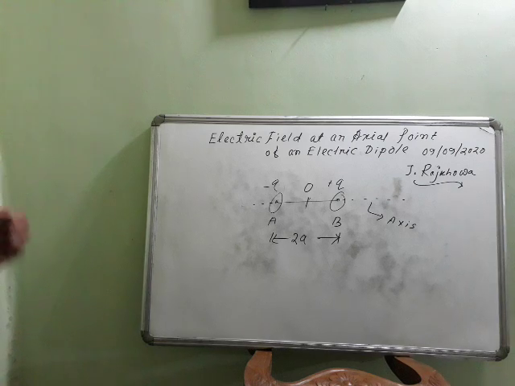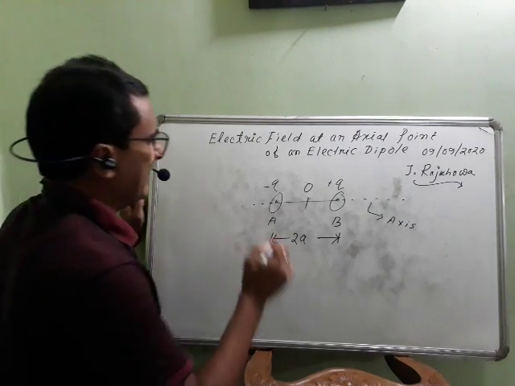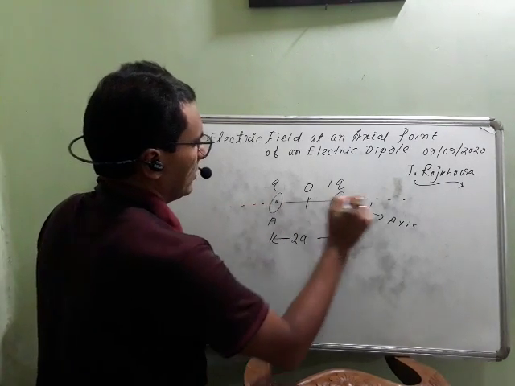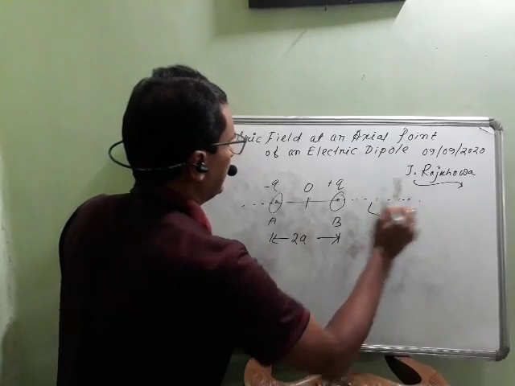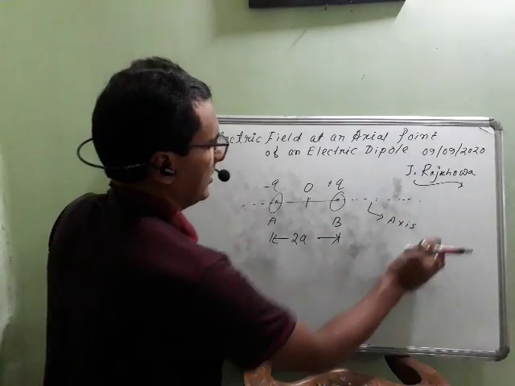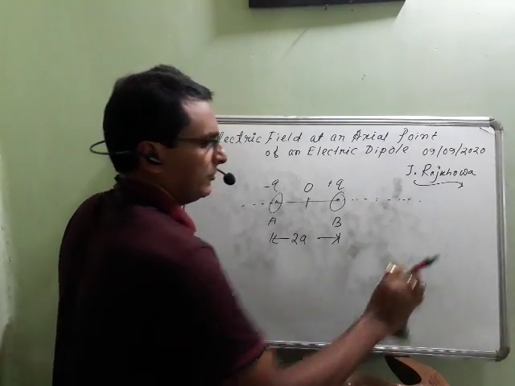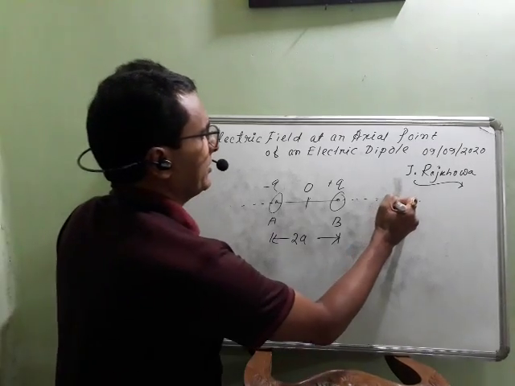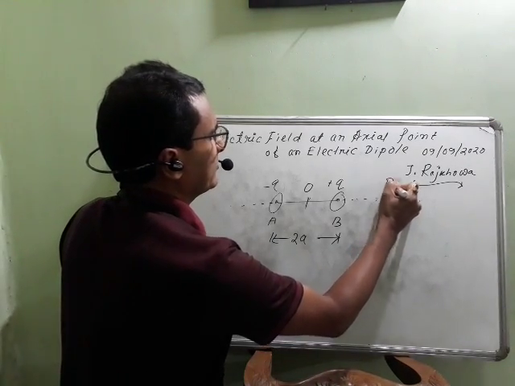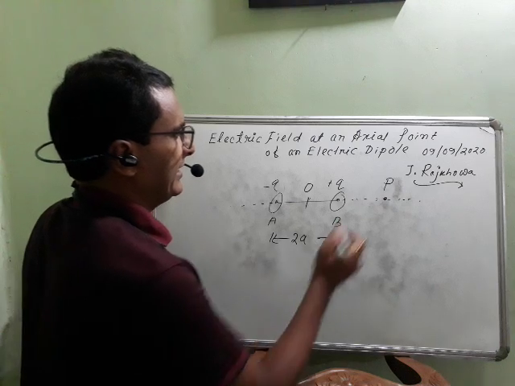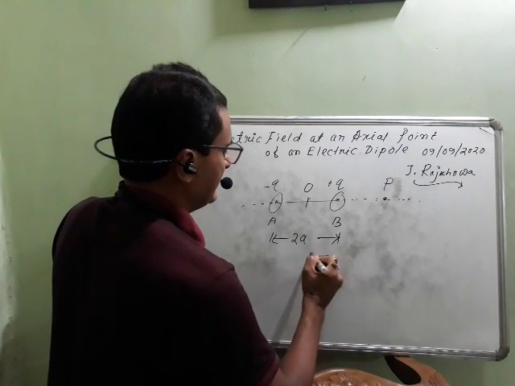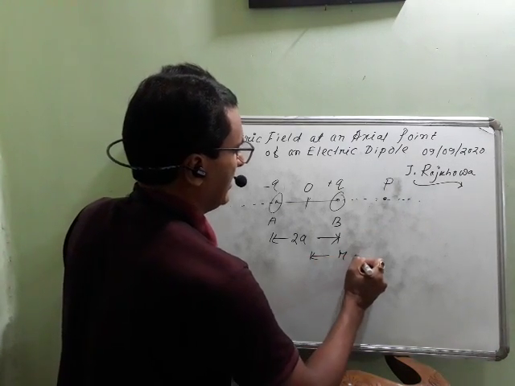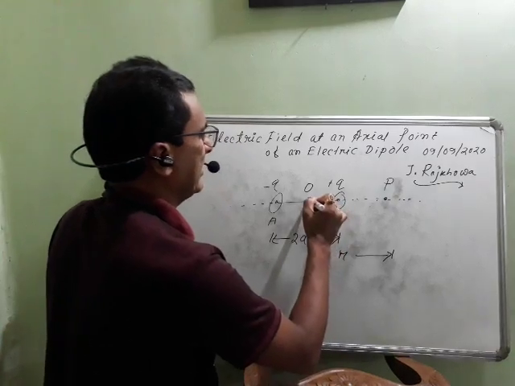So we are to find the electric field at any point on the axis of the electric dipole. For that, we will put a point somewhere here. Suppose this is point P. This distance is r from the midpoint of the dipole.